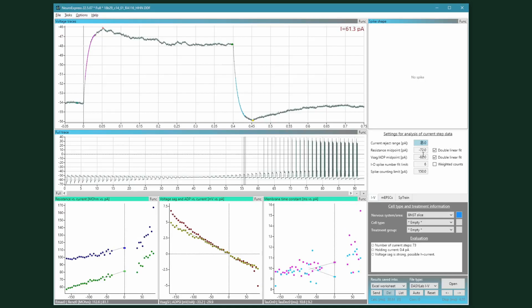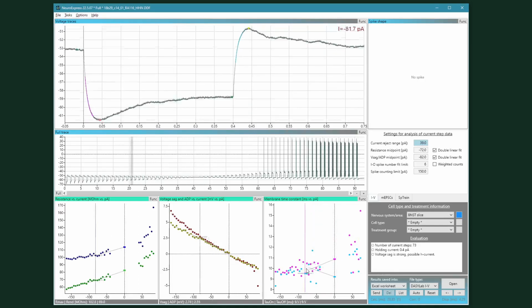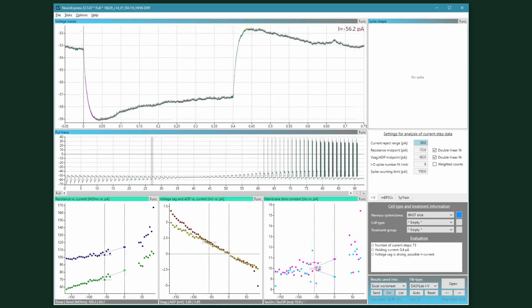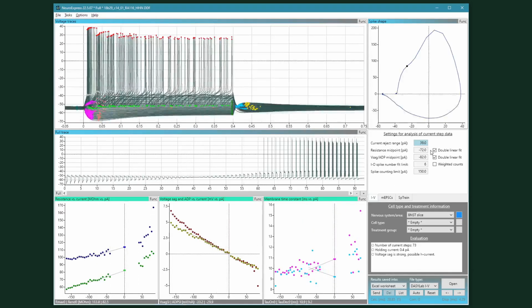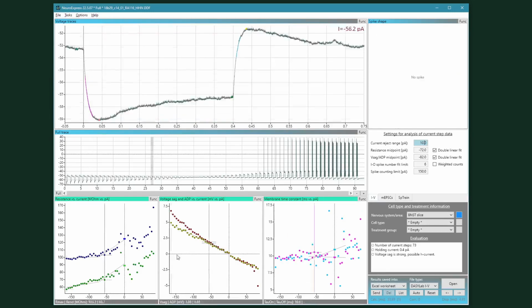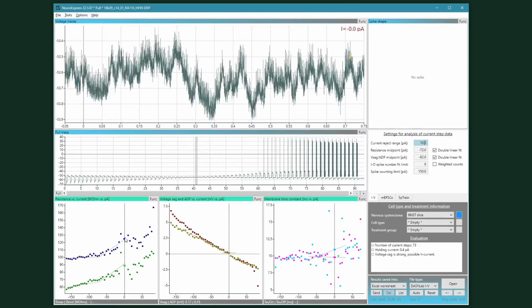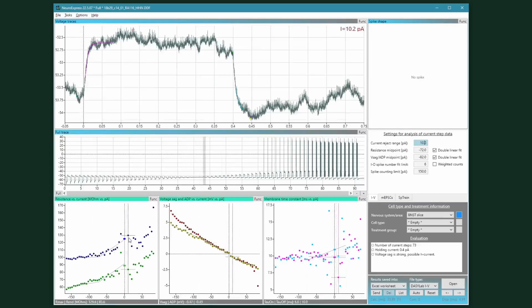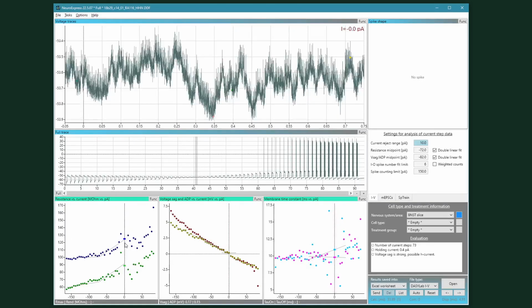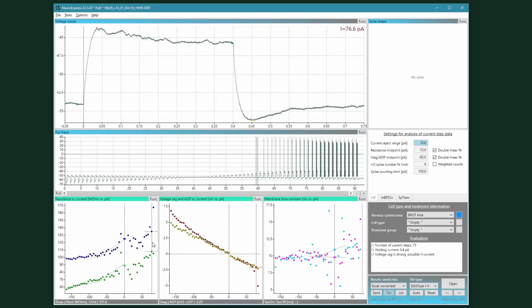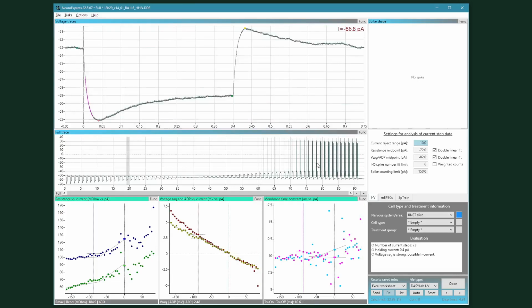You can see that points will disappear from the calculation and also from the membrane time constant estimation. This can remove those points that would contaminate the membrane resistance too much, and maybe would degrade the accuracy of the estimation for membrane resistance.